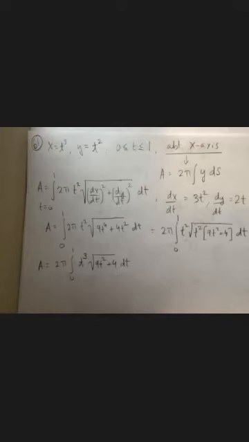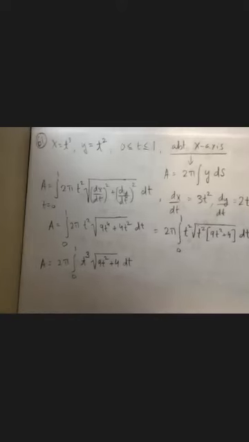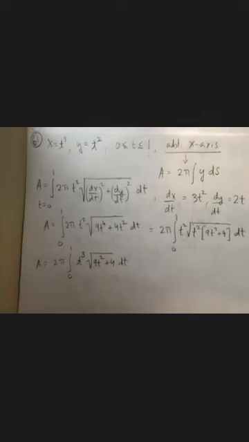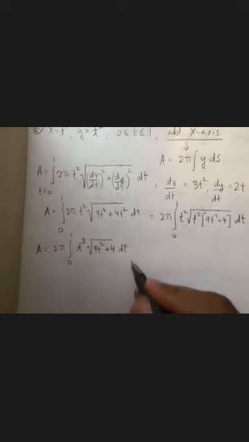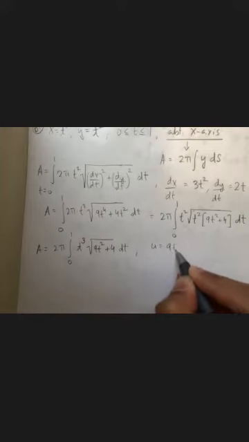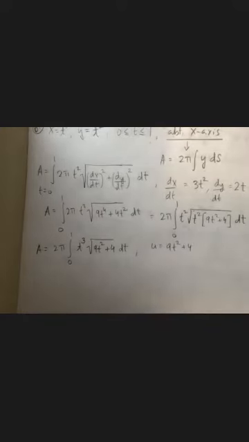And how to do this antiderivative? So this is again a good example of u substitution, which you should know by now. So u is 9t squared plus 4, du is 18t dt.